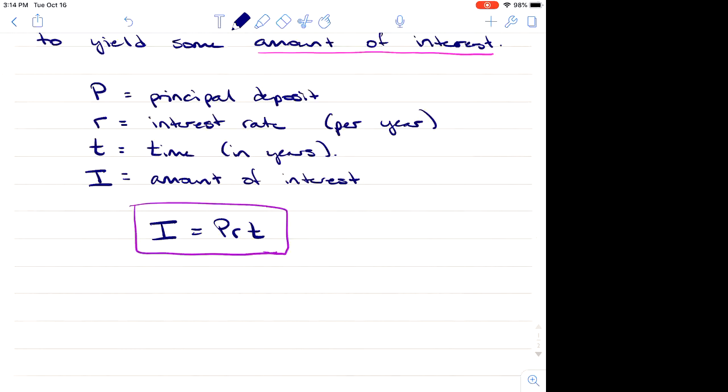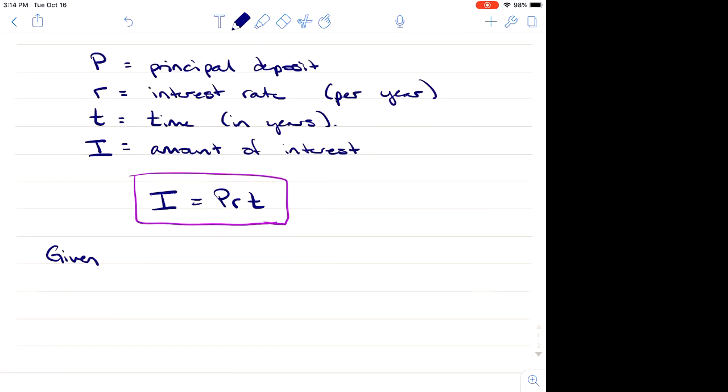So given 3 out of 4 of these terms, we can solve for the fourth.